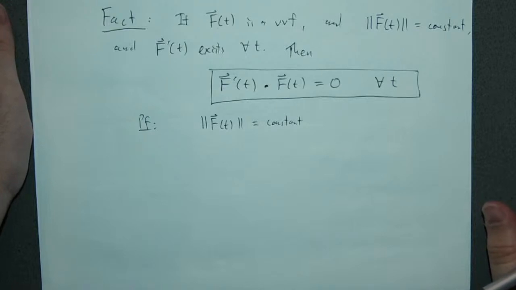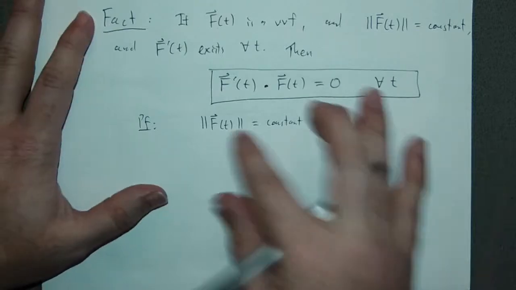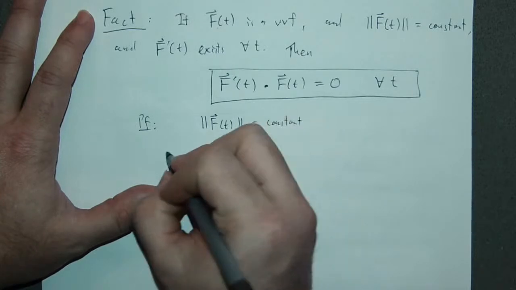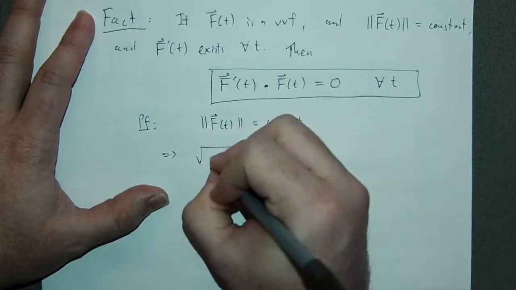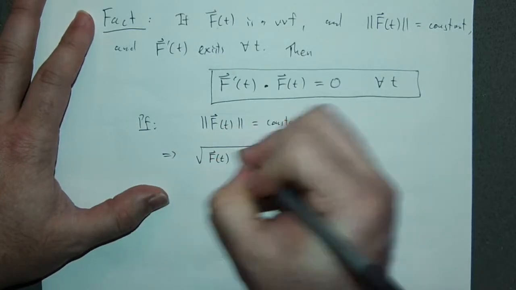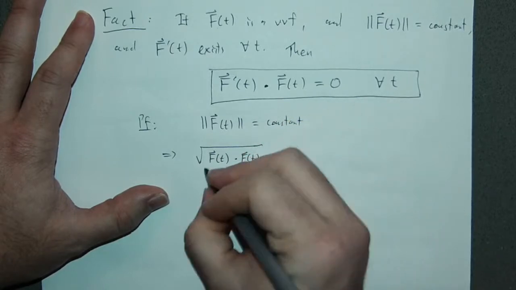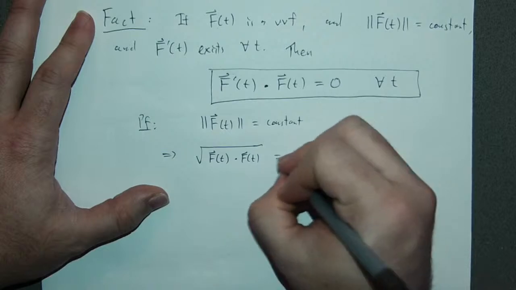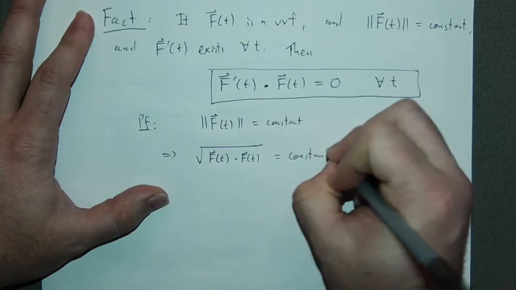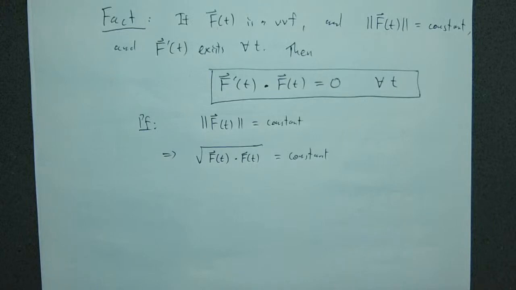What's another way of writing that? Another way I could write it is the square root of that vector dotted with itself. So this is the square root of f of t dotted with itself, and that's equal to a constant. That's what this says. This is just some trickery.